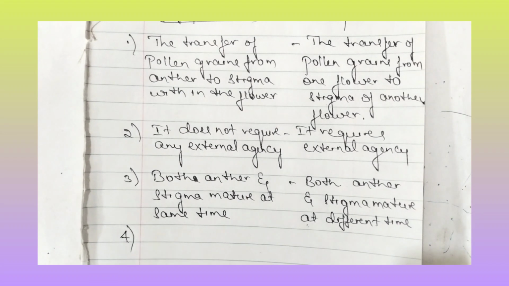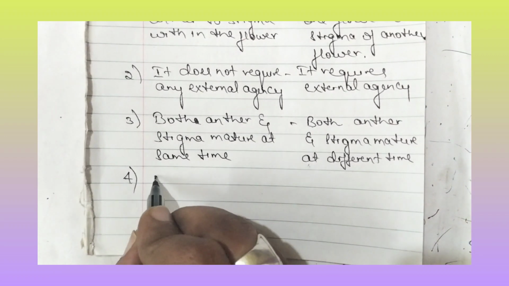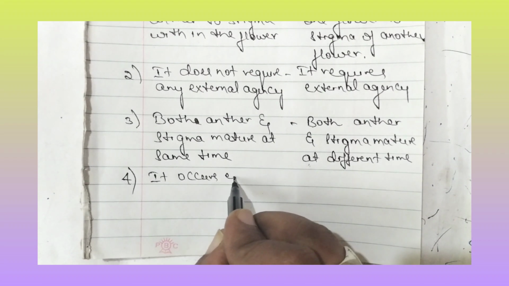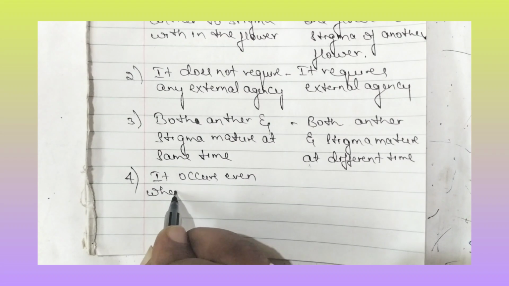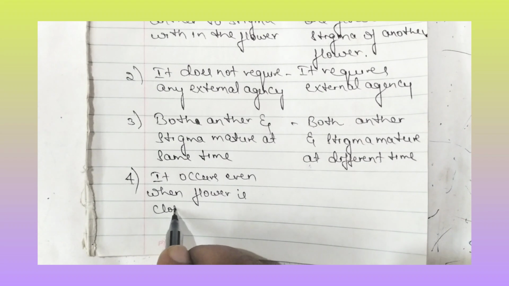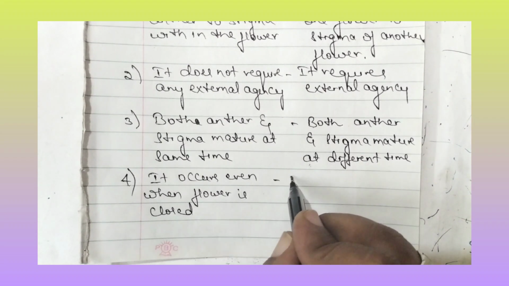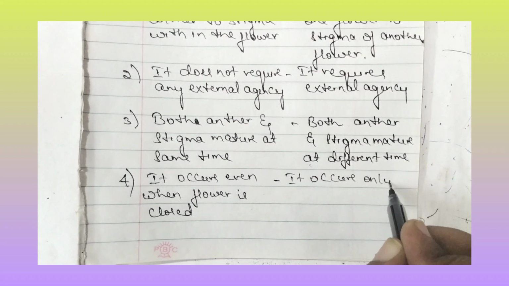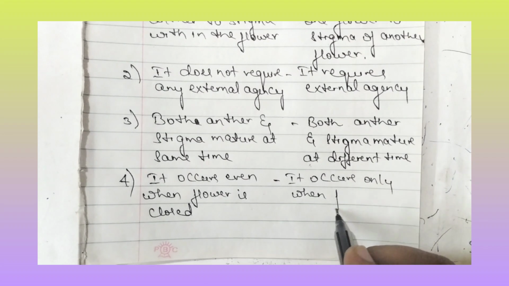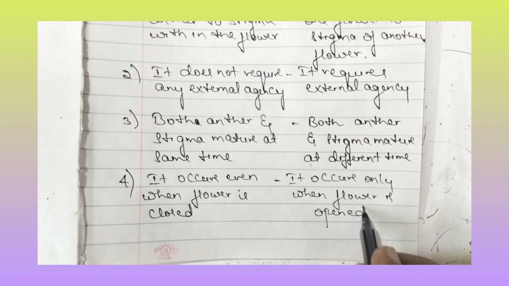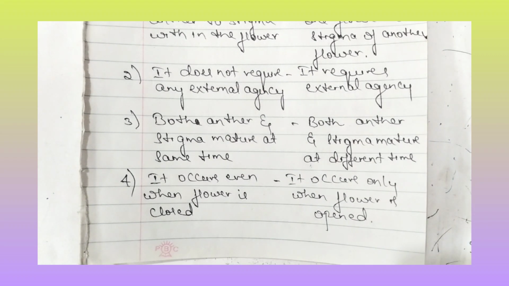The last difference is that self-pollination occurs even when the flower is closed, while cross-pollination occurs only when the flower is opened. So these are the differences between self-pollination and cross-pollination.